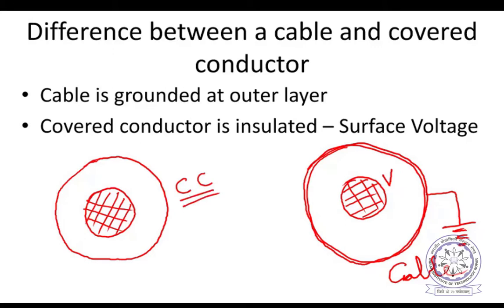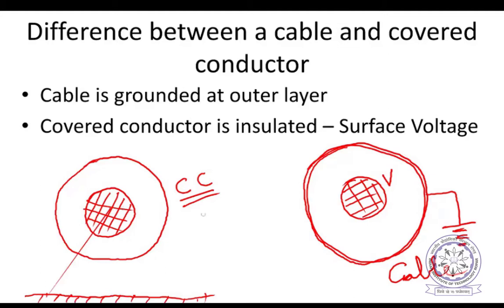Covered conductor. In this case, the outer potential, what is the potential? This is an open surface. Since this is open, you can consider this as forming a capacitance with ground. Suppose it is an overhead conductor. So this is ground and it is above the ground. Then what will happen?